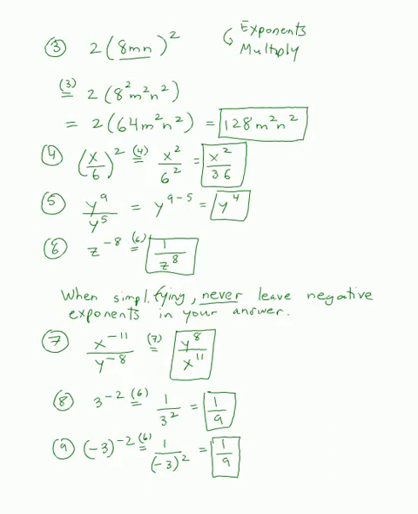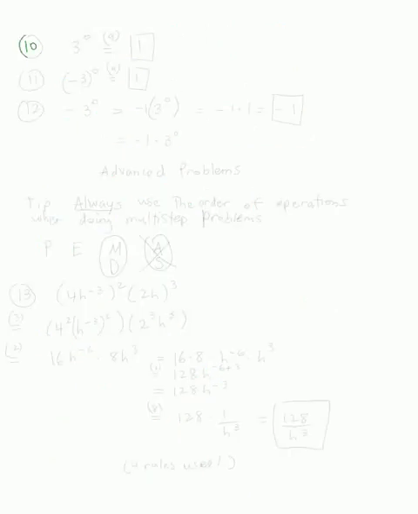Alright, let's do another one. This time let's deal with some zero powers here. Okay. So we are on number 10. What would 3 to the 0 power be? Well, we know by rule 9, this is actually the negative exponent rule, that's just 1.